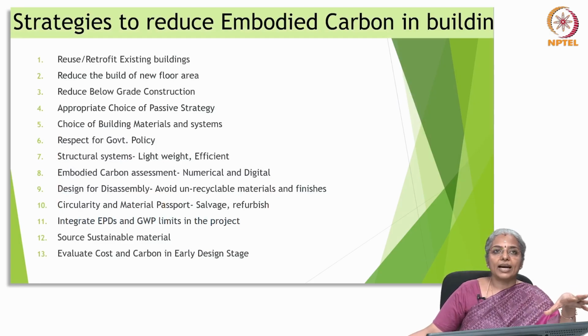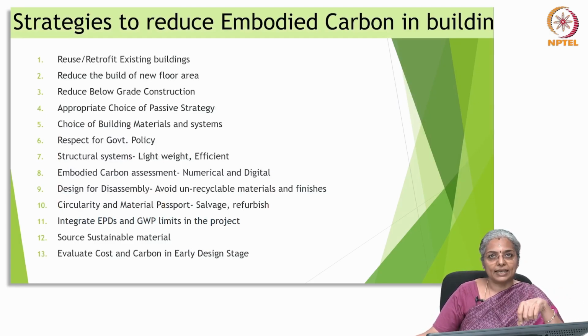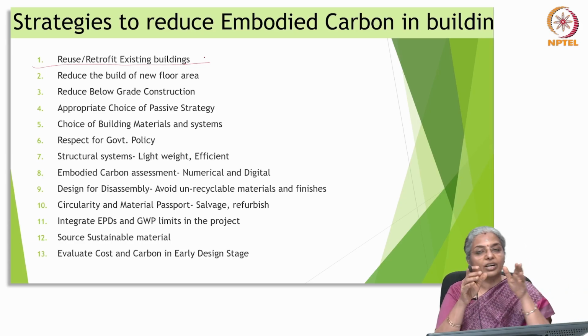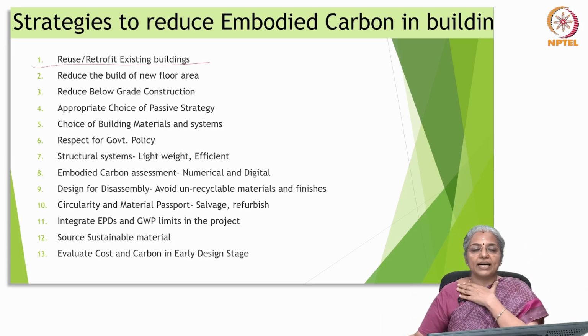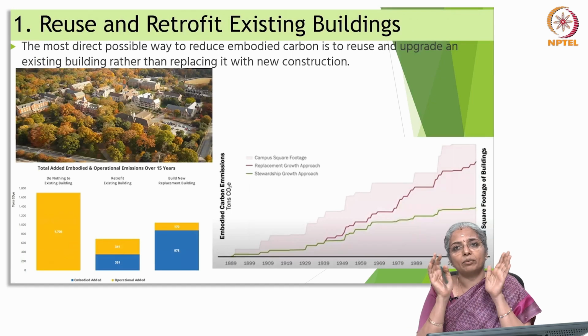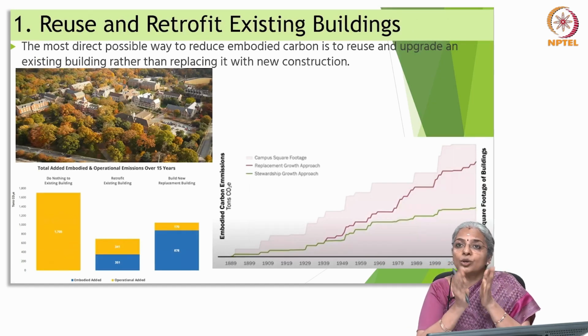Now we will look at the strategies to reduce embodied carbon in buildings. The first and very important strategy is to reuse or retrofit existing buildings. What do we mean by that? It means that the existing built environment is a huge asset to achieving substantial near-term carbon reduction.